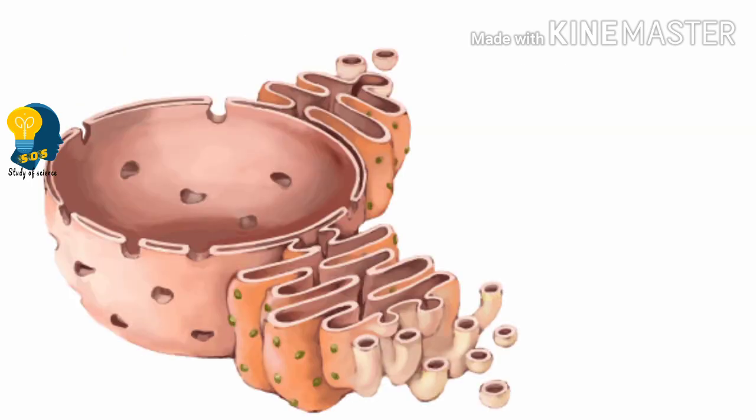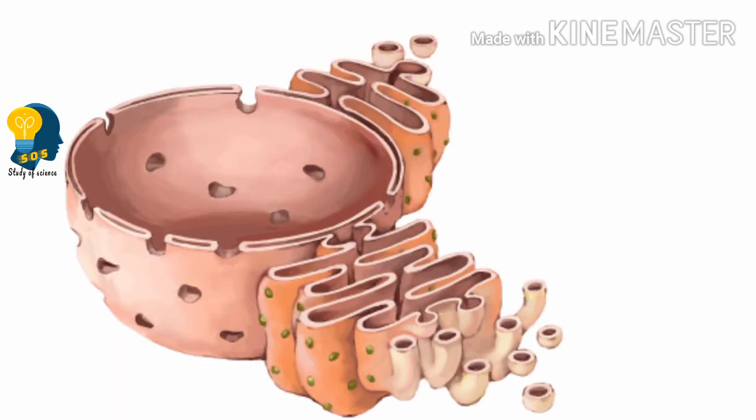How could we identify this? When we look at the endoplasmic reticulum under the microscope, we can easily identify rough and smooth endoplasmic reticulum by the presence of ribosomes on it. Clear? Why do we call it SER, that is smooth? Why do we call it rough, that is RER?